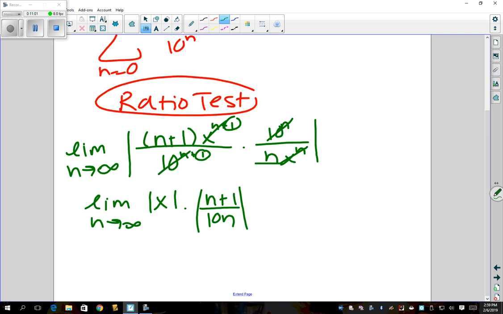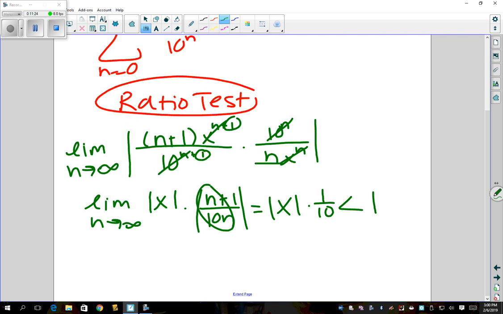So now the limit as n approaches infinity of this ends up being the absolute value of x times this limit goes to 1/10. And so going back, we remember that our series converges if the absolute value of r is less than 1.